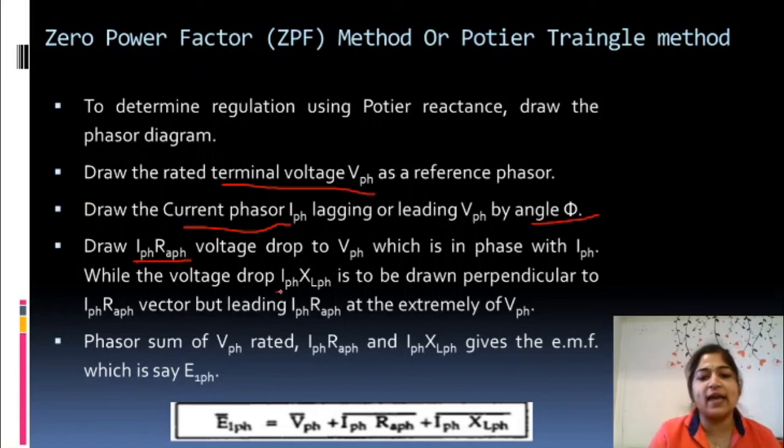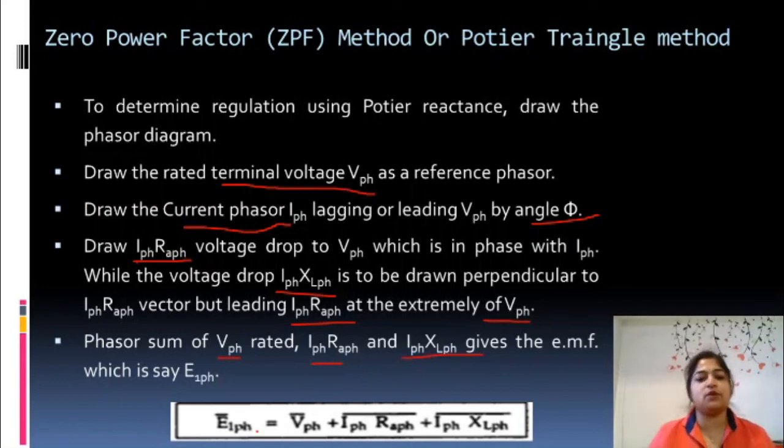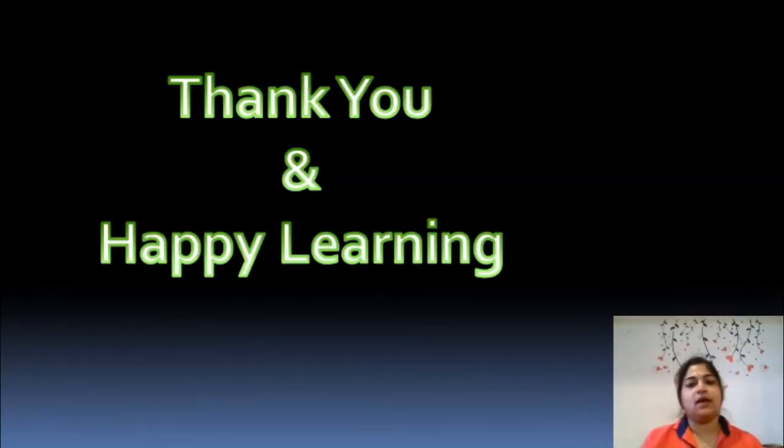Then we will draw IA XL, which will be perpendicular to IA, drawn from the end of IA RA. And then the phasor sum of VPH, IA RA and IA XL gives us the EMF induced E1 per phase. This E1 is nothing but the EMF induced per phase considering the leakage reactance drop but excluding the armature reaction effect. Clear?